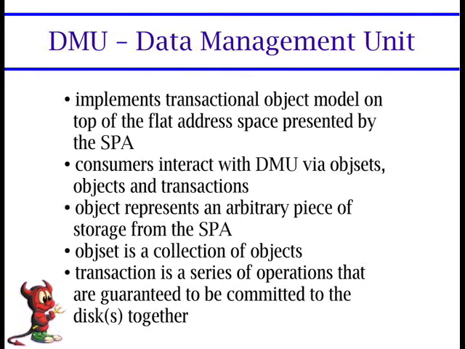Basically, this is a simple transactional model. The transaction is written to the disk in full, or no parts of the transaction will reach the disk or will be referenced by other parts of ZFS. So this is how ZFS handles its consistency on the disk.